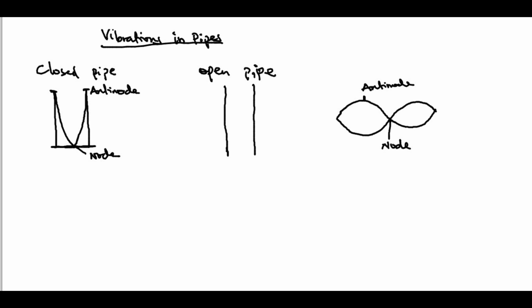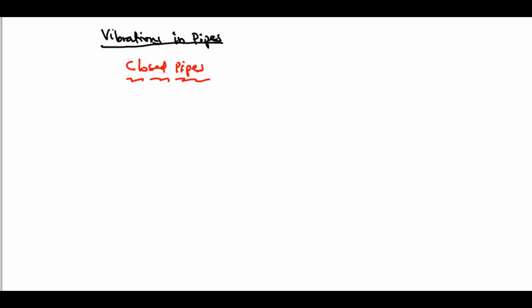Whereas for an open pipe, you will always have an antinode at both ends, and then you will have a node at the center. So this is the node where we don't have any vibration, and this is the antinode where we have the maximum vibrations.